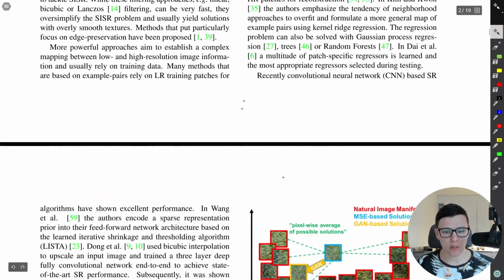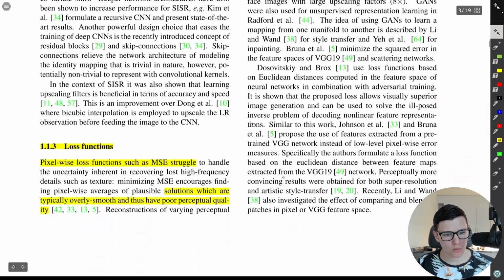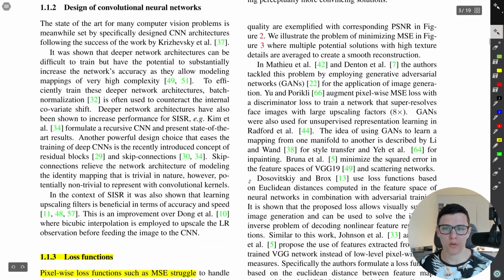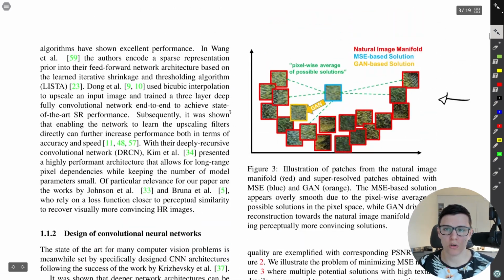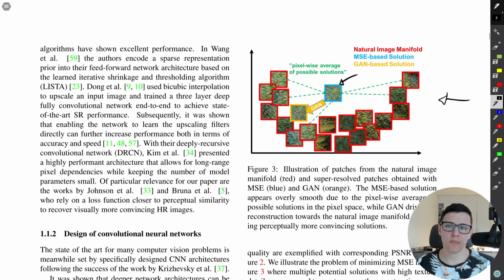All right, let's move along because we just want to focus on the important stuff, right? So yeah, loss function, pixel-wise losses such as MSE struggle, which are typically overly smooth, and we just talked about that. So let's look at the reason why they explain that it is a bad loss function. If we look at a low resolution image, or a very small part of a low resolution image, then it's possible to come from many different solutions.